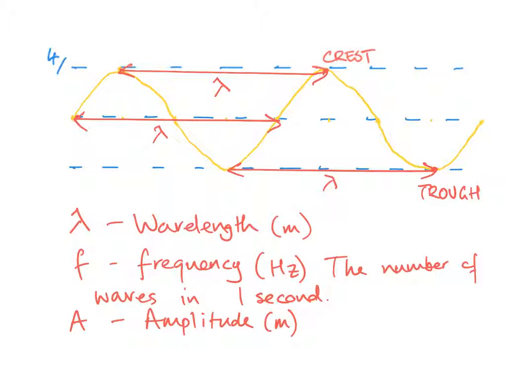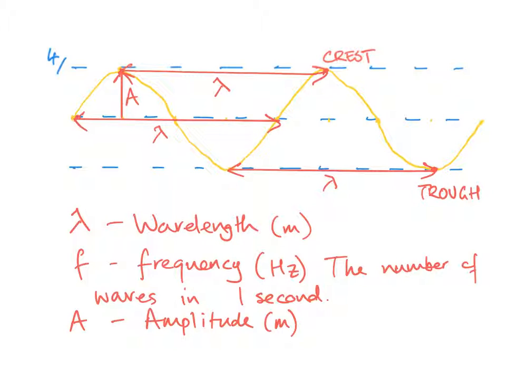So just watch. That was quite often what questions were based on last year. If we told you the distance from the trough to the crest, then you have to half it to get the amplitude. The amplitude is how tall the wave is from its undisturbed position.